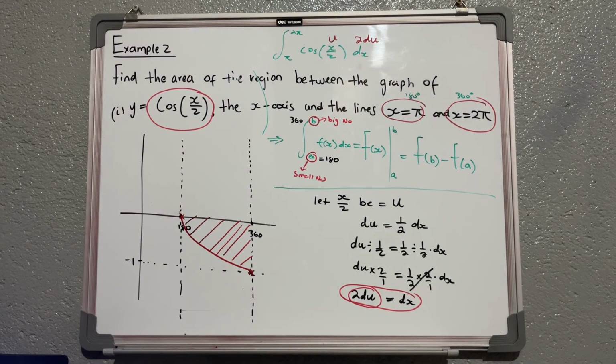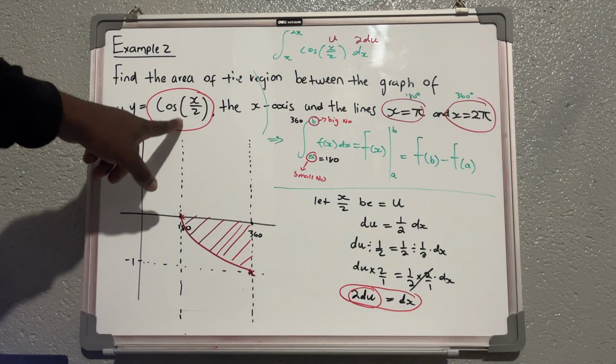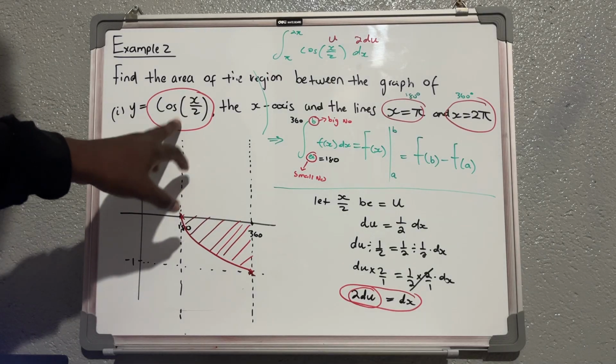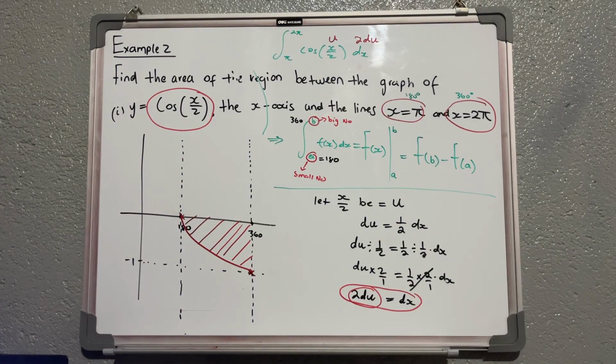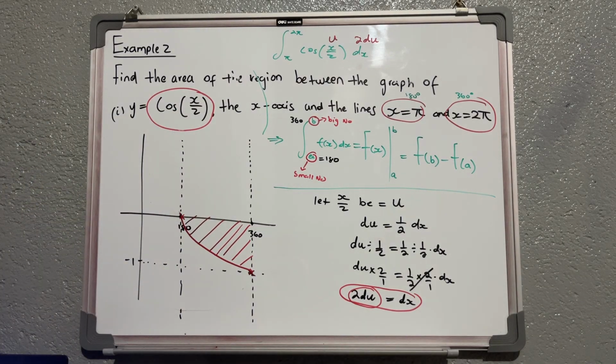I'll just explain it one more time so that you are not confused. Remember, we were given cos of x over 2. I said, how can we find the antiderivative of this one? In order to find an antiderivative for this one, we can use the u substitution.